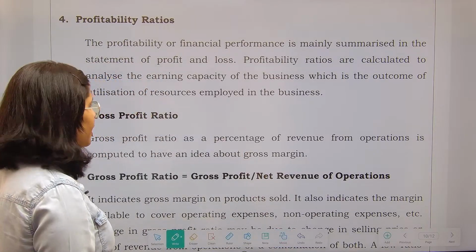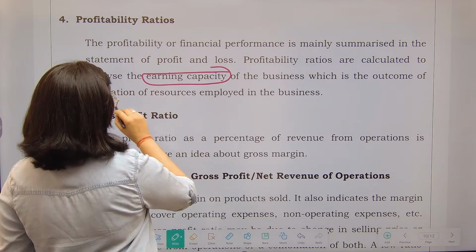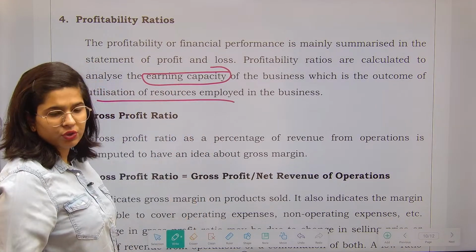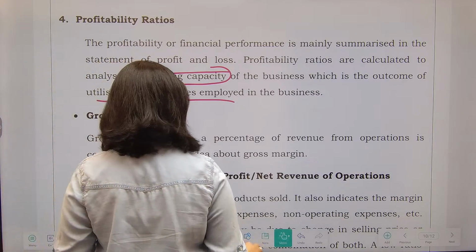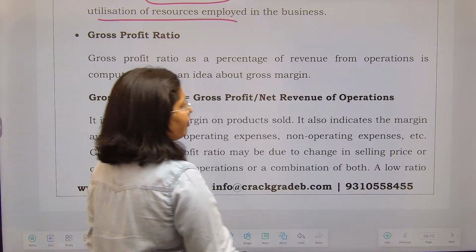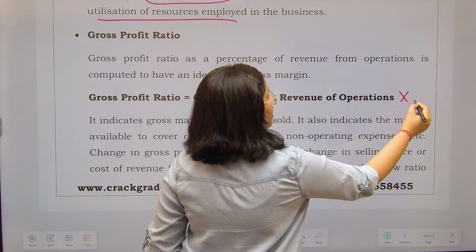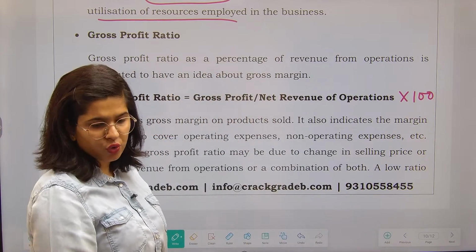So profitability ratios calculate the earning capacity of the business, which is the outcome of utilization of resources employed in the business. Number one out of it is the gross profit ratio. See, in profitability ratios, 100 is multiplied with each ratio. Why?